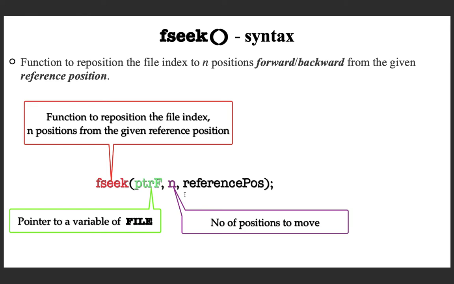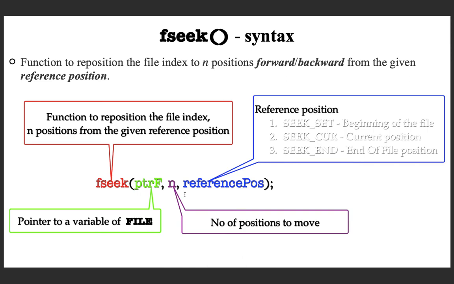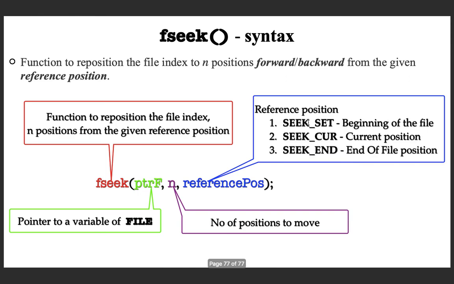You can experiment in the lab to see, suppose you are only at position 2 and suppose you say minus 5, what will happen? You program and see. And the last is the reference position, which are the possible values. SEEK_SET, if you pass it, that means from the beginning position, which is from 0.